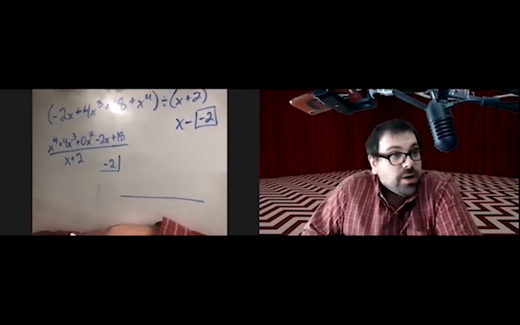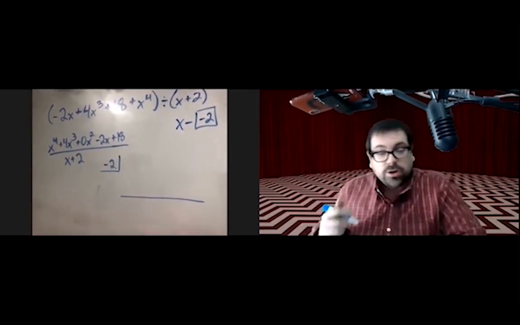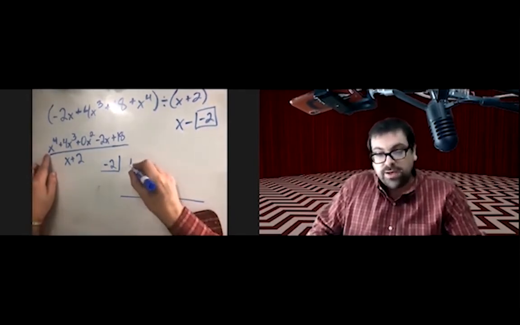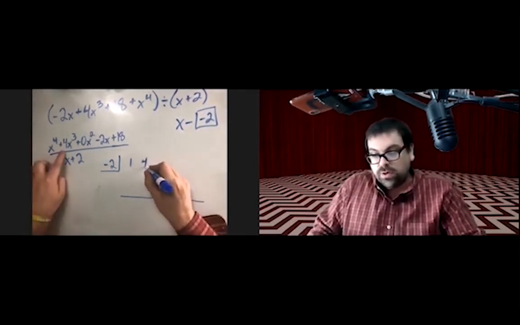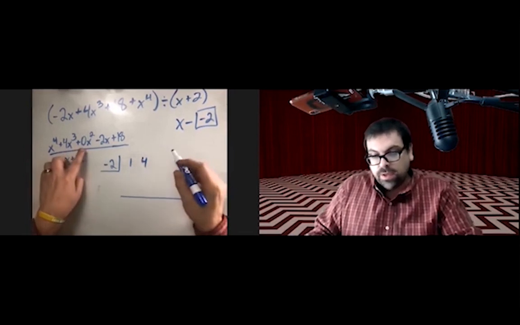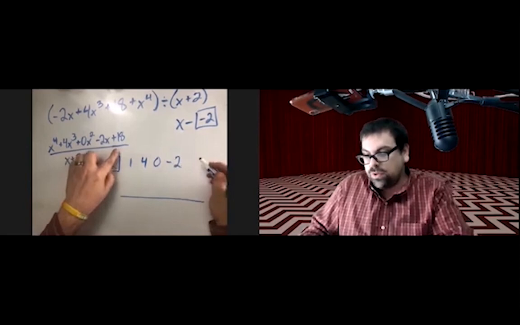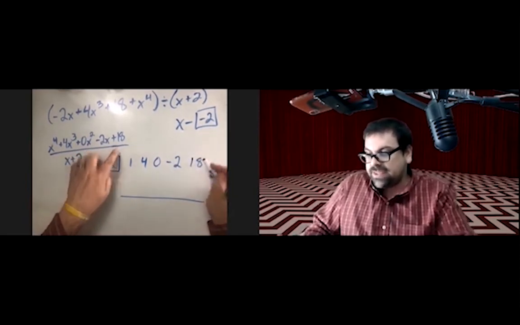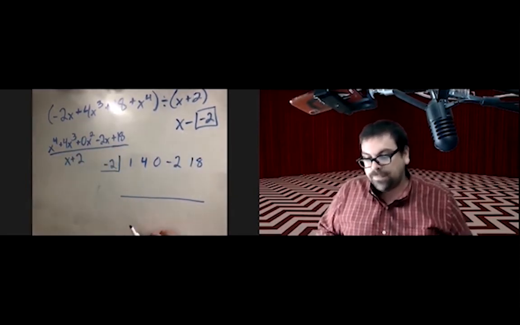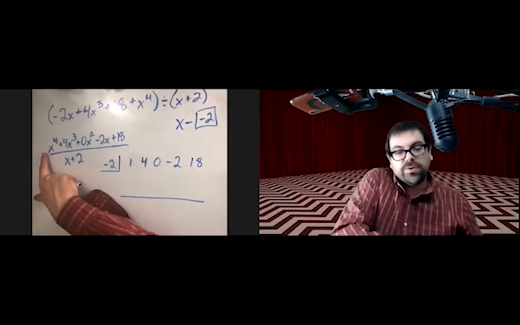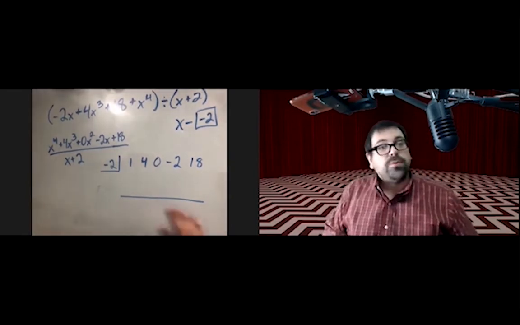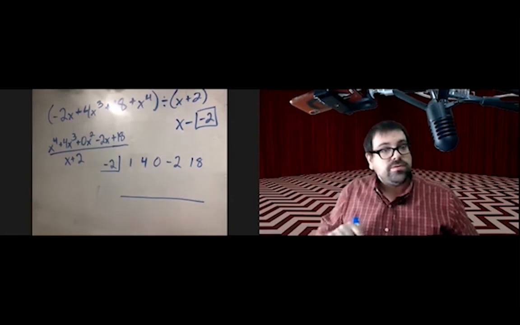Negative 2 goes in the box. Our coefficients, 1, 4, 0, negative 2, positive 18. These start with an x to the fourth, so when we're all done, we're going to start x cubed. Fill in from there.